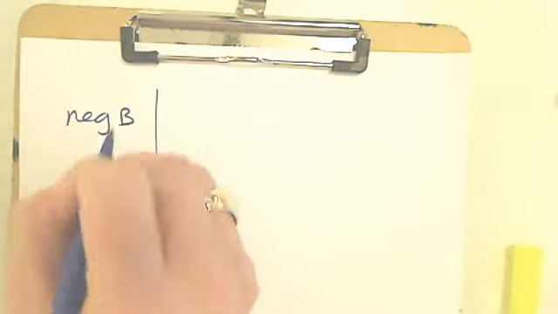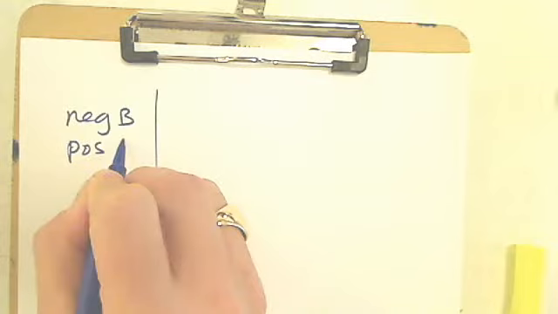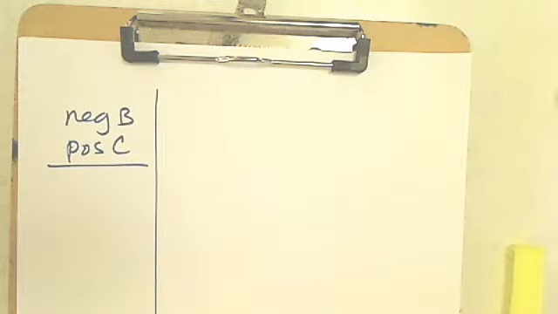But what happens if your numbers become negative? What happens if you have a negative b and a positive c? What does each number have to be?